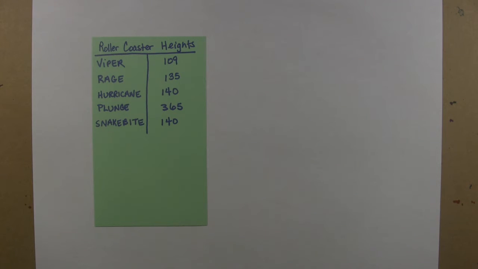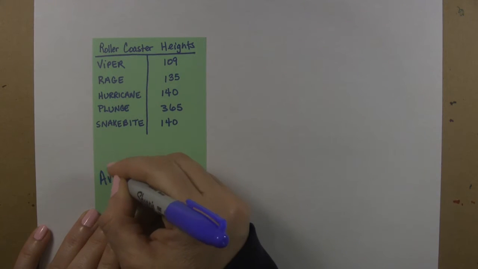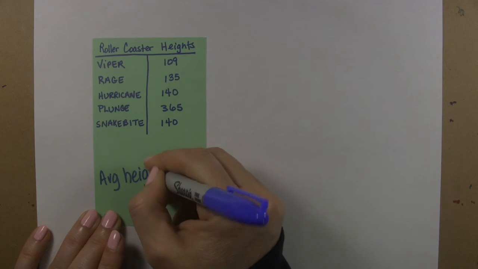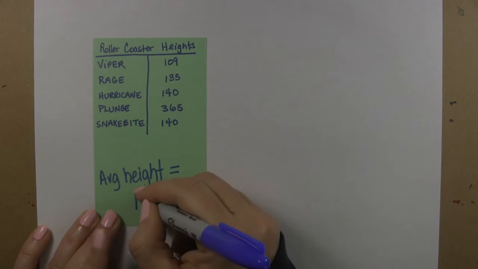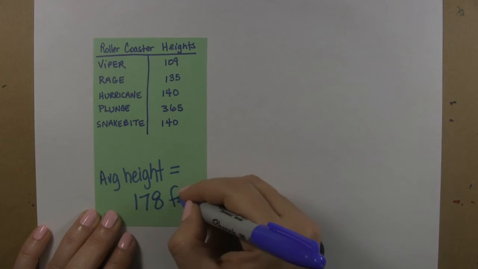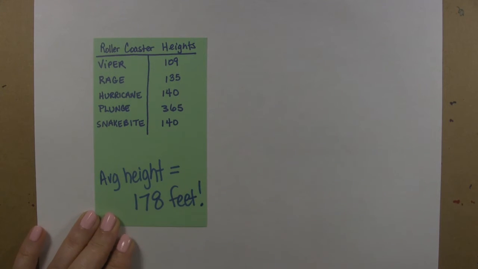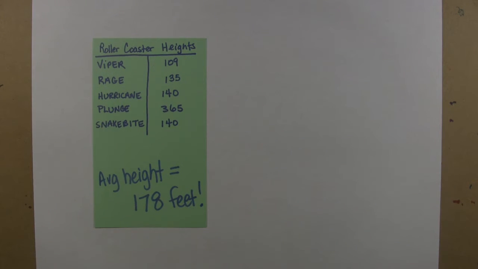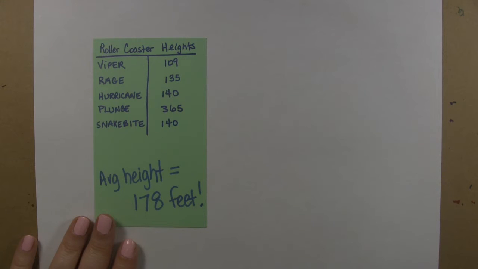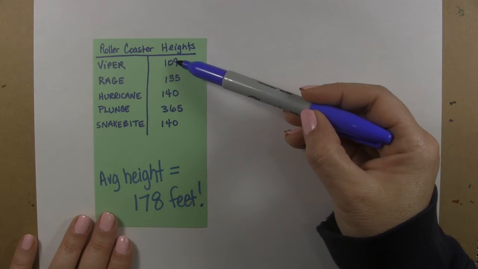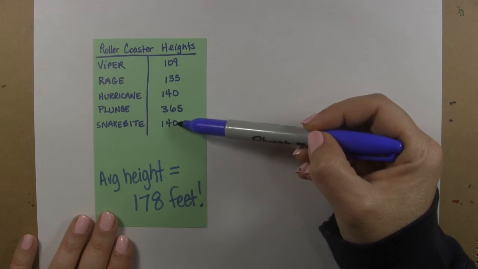And this particular theme park says average height is 178 feet. That's what their brochure says. That's what their website says. That's what they sing in some lame little jingle on the TV. They say 178 feet.